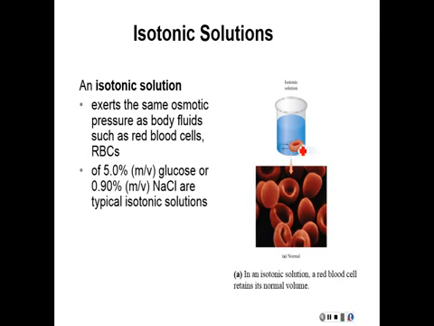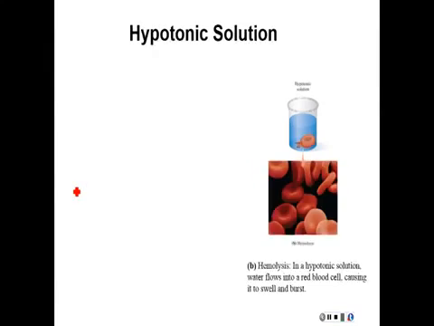So the blood cell itself doesn't really change. So 5% glucose solution or a 0.9% sodium chloride solution are typical isotonic solutions. And this is what they give to people in hospitals, or if they've had an injury, they lost a lot of blood. They give them these rather than just giving them water. Now a hypo means below or less. So let's see what happens in a hypotonic solution.